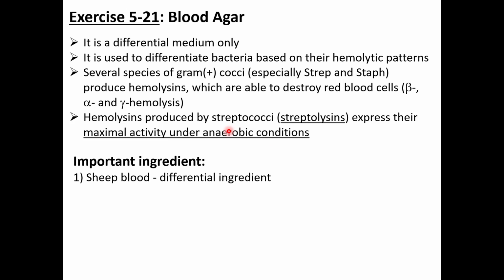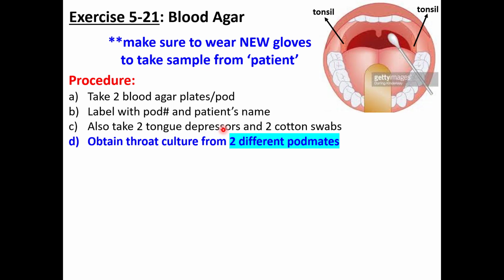So we can actually try to create two environments, aerobic versus anaerobic. And then if you have a strep species in your throat as part of your microbiota, or maybe because you have an infection going on, we could perhaps identify the presence of strep by looking at the aerobic versus anaerobic conditions that we create. Okay. So this is how we would do this one.